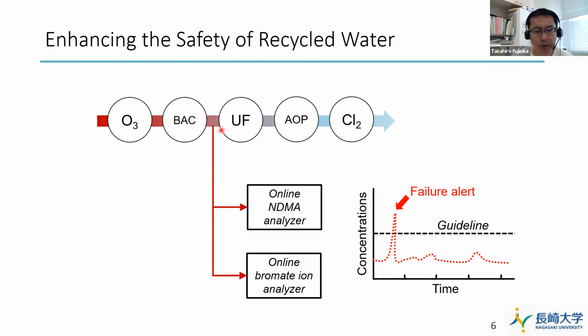By installing these technologies following the BAC, or prior to the BAC after ozonation, over time we could have our baseline as a normal value below the guideline values. And once we have a spike or peak in the concentrations, that's where the plant operators have to take action, either reducing the ozone dose, or shutting down the entire system.